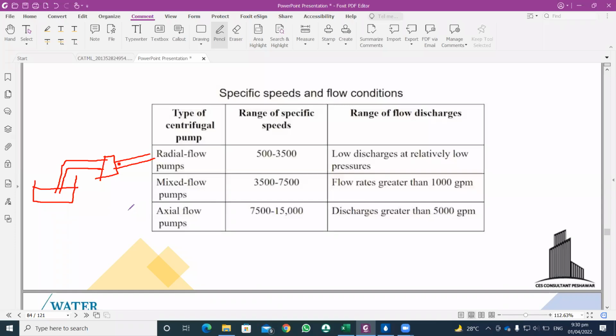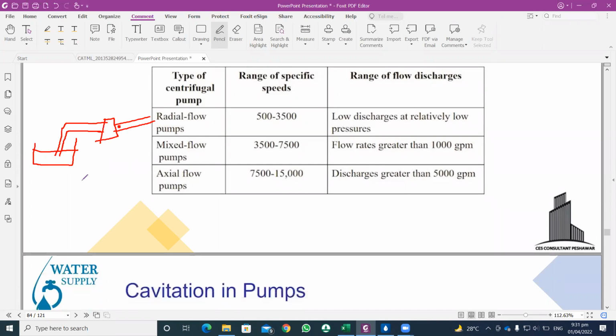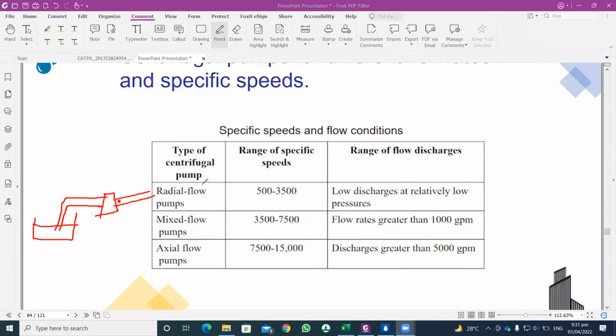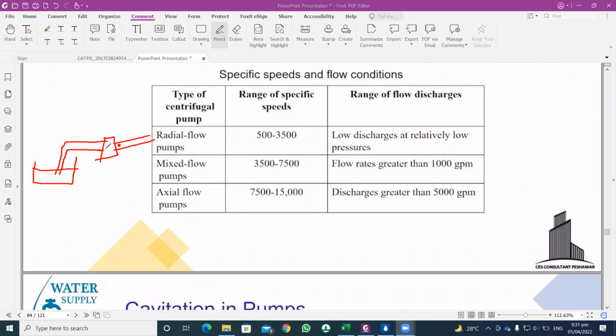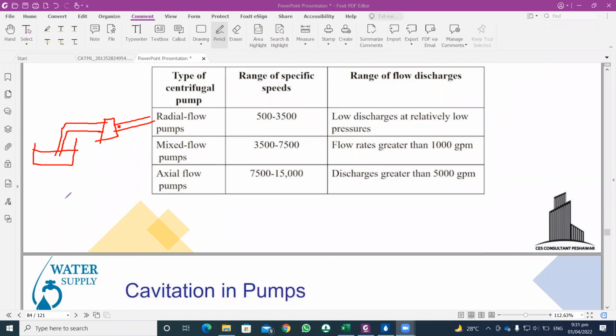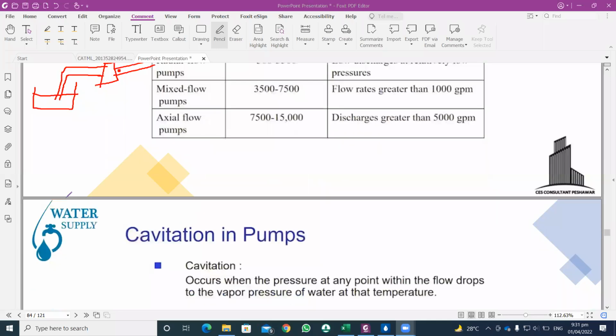While in the case of a tube well or a well, we mostly use submersible pumps. Centrifugal pumps are not submersible pumps, so you cannot submerge them into the water. When you submerge them into the water, they will burn.